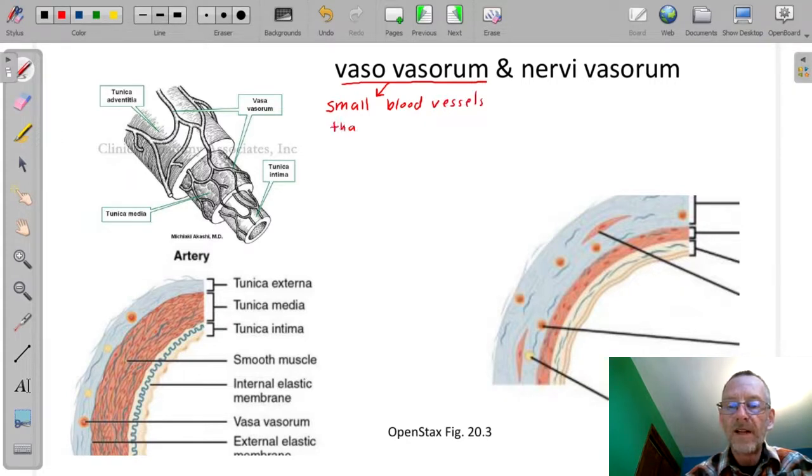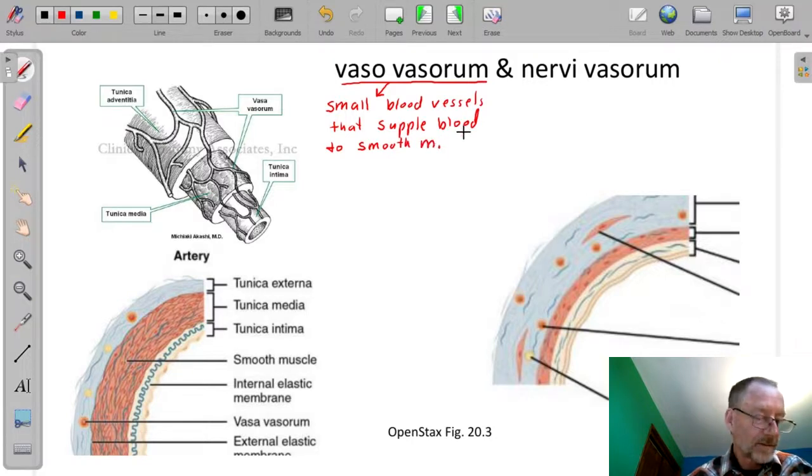I'm abbreviating muscle as just M. And this is an illustration of the vasa vasorum.